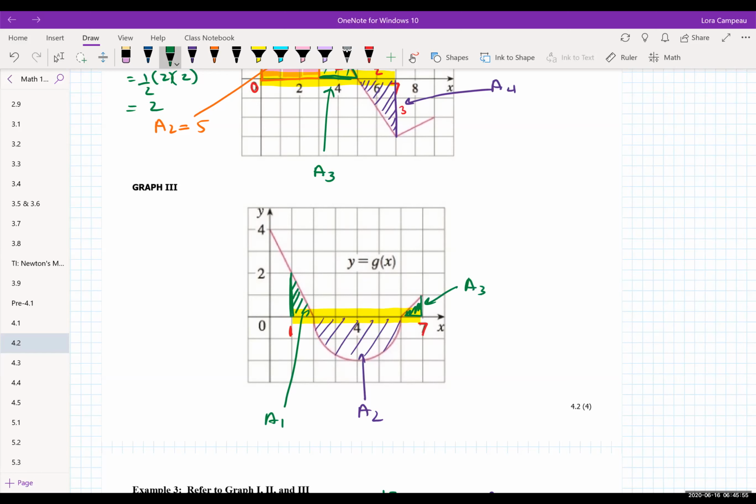Area 3. Now just paying attention that the area of the semicircle is completely below the x-axis. So I know we're going to have negative area. And then the triangles have positive area because they are above the x-axis.